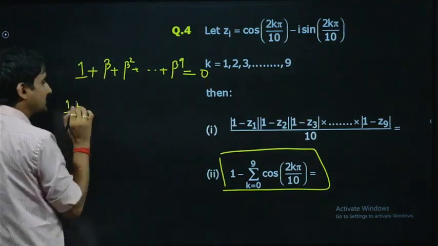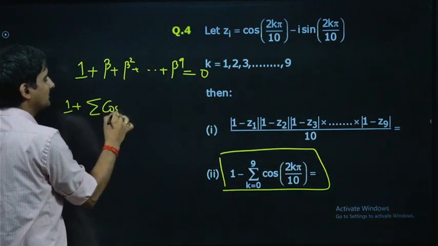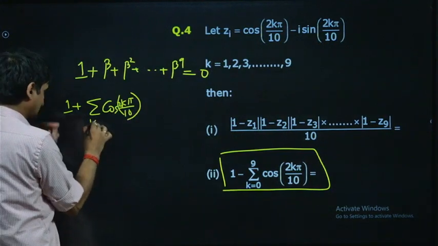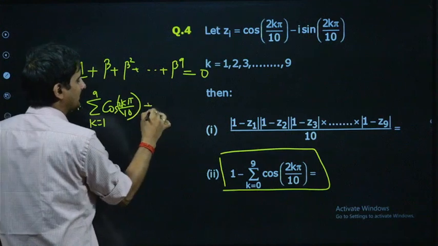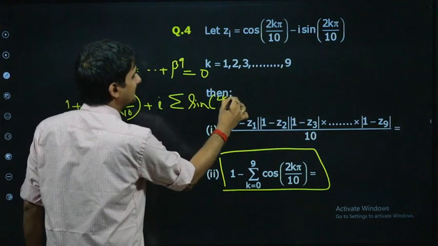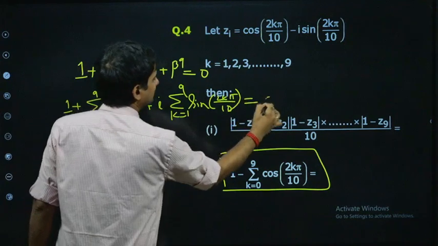Now if I start putting in the values, it will be the summation of cos 2k pi by 10, k goes from 1 to 9, plus iota times the summation of sine of 2k pi by 10, k goes from 1 to 9. This is 0.